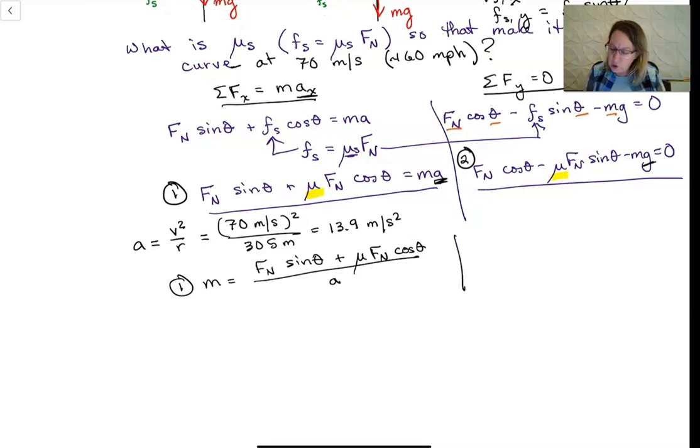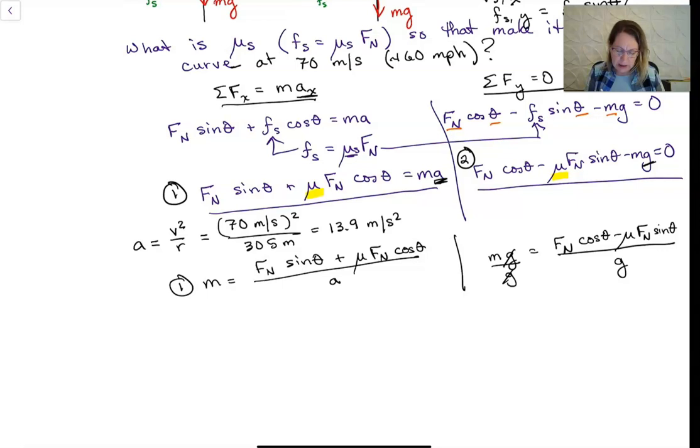And then from 2, I've got something similar. If I bring this mg over to this side, mg equals force normal cosine theta minus mu force normal sine of theta. And then I divide both sides by g. Okay, and then I have two equations for m. M is unknown, but I can equate these.